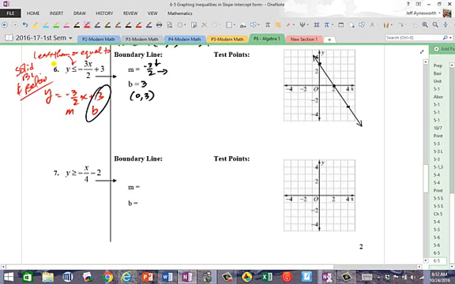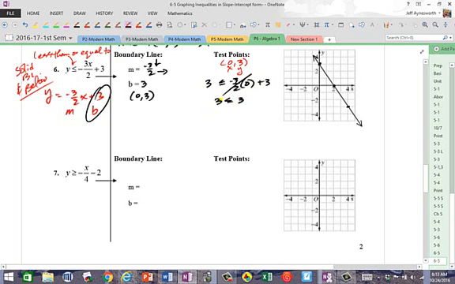Let's test it. So we're going to test the y-intercept first. x is 0, y is 3 here. And we're going to say, hey, is 3 less than or equal to negative 3 halves times 0 plus 3? Well, is 3 less than or equal to 3? And the answer is yes, this is true.